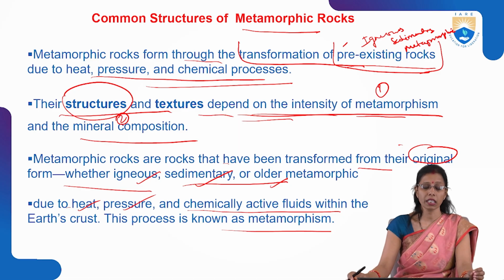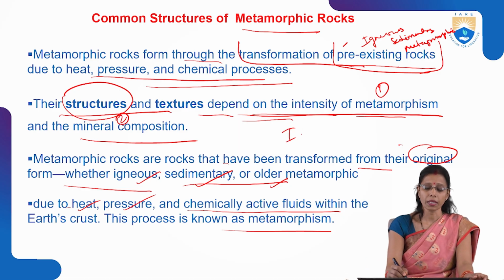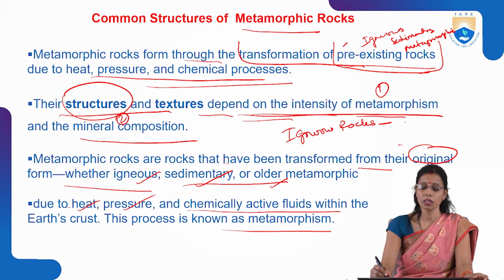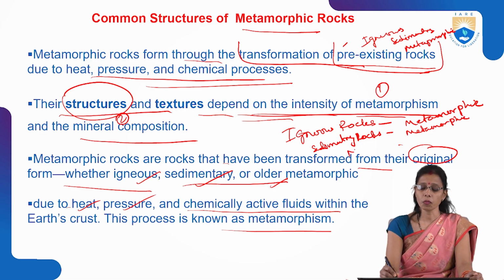The older rock can be an igneous rock or a metamorphic rock. Suppose there is an igneous rock, so this rock can be transformed into a metamorphic rock. Next, you have a sedimentary rock, which also can be transformed into a metamorphic rock.